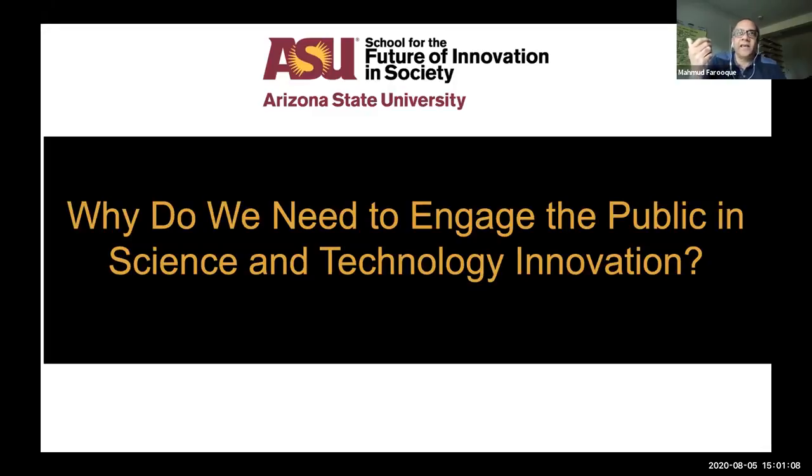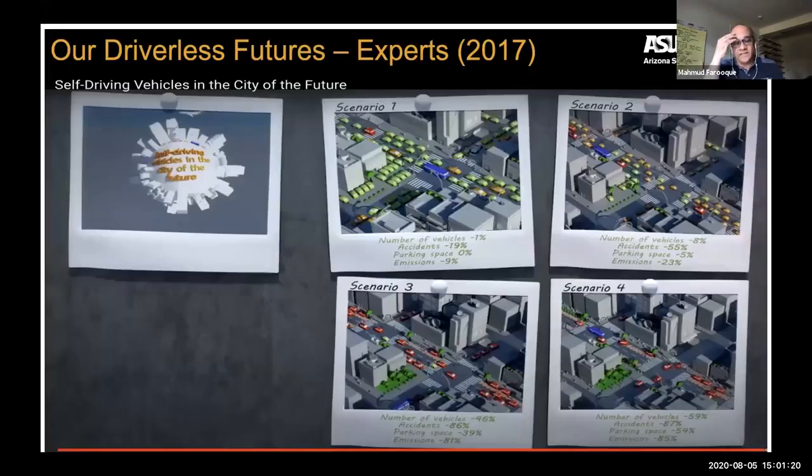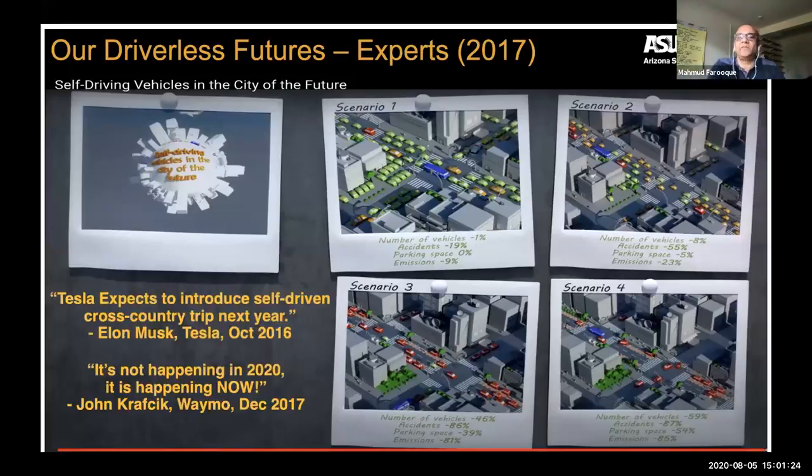I'm going to start with a story, one that I've been working on, with autonomous vehicles. So where we were in 2017. In 2017, we were seeing this as an inevitable revolution that was going to come and take over. If you look at the statements given by experts in the industry, it was that we're going to have this, not in 2020, in 2017.